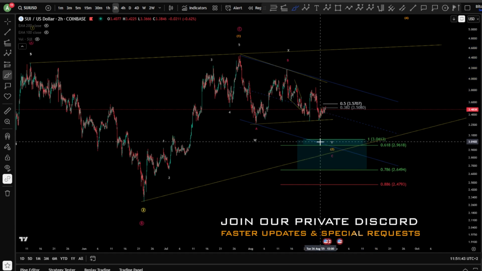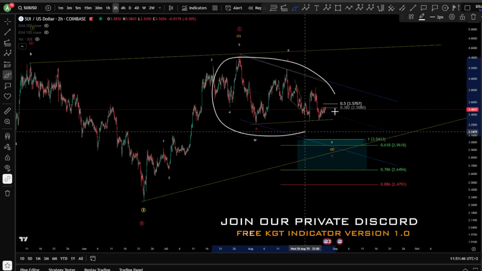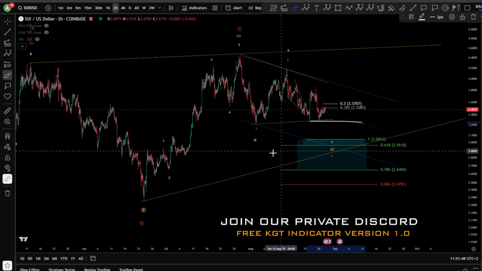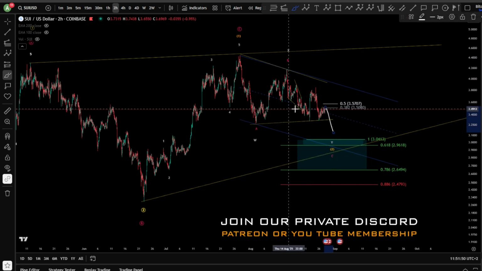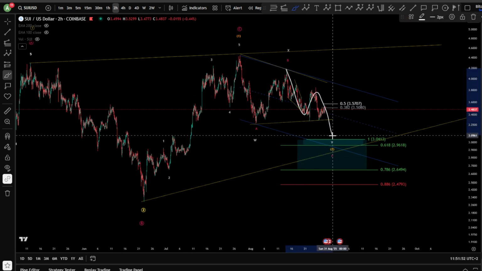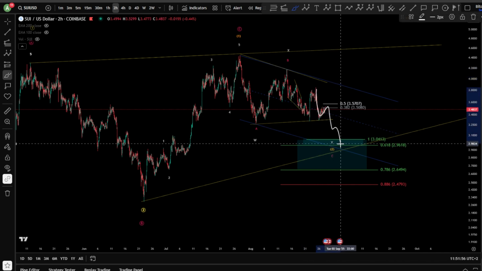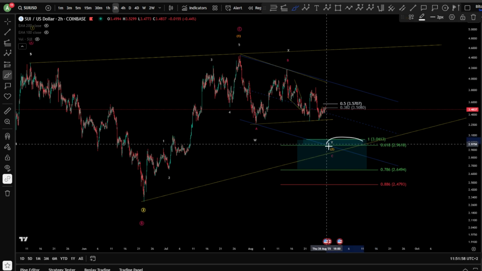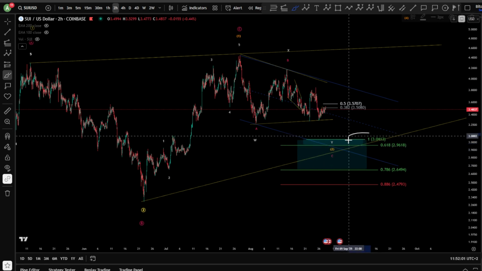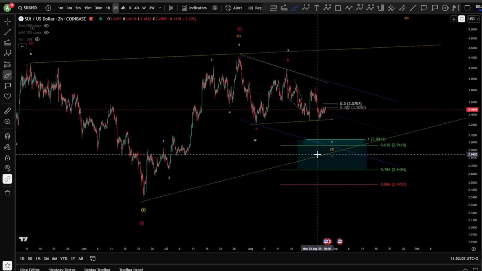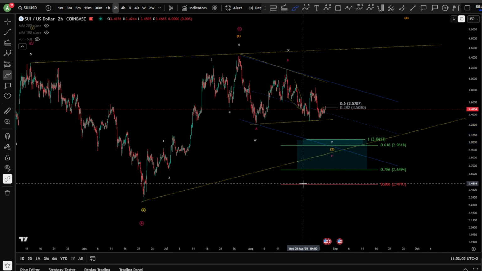So this is the first thing we want to see, this low taken here. And you would like to see whether you are finishing a zigzag in a wave Y, meaning 1, 2, 3, 4, and a 5, potentially finishing exactly in the confluence area between the 1-to-1 fib level and 0.618, which is nice to see.